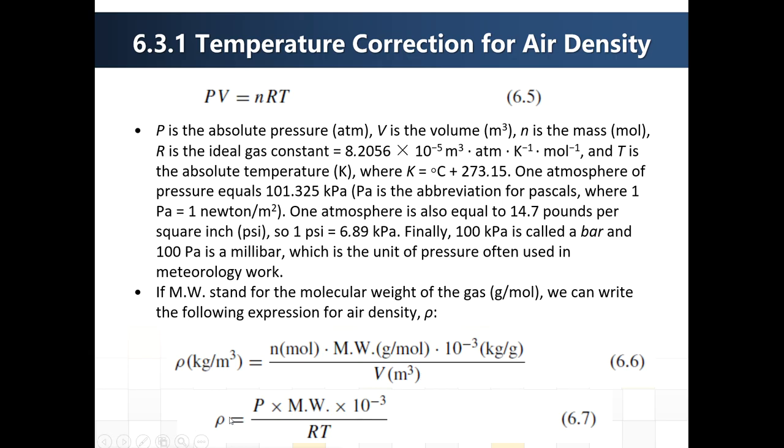Therefore, air density rho is equal to P multiplied by molecular weight multiplied by 10⁻³ divided by RT. We can see that the air density is a function of pressure and temperature.